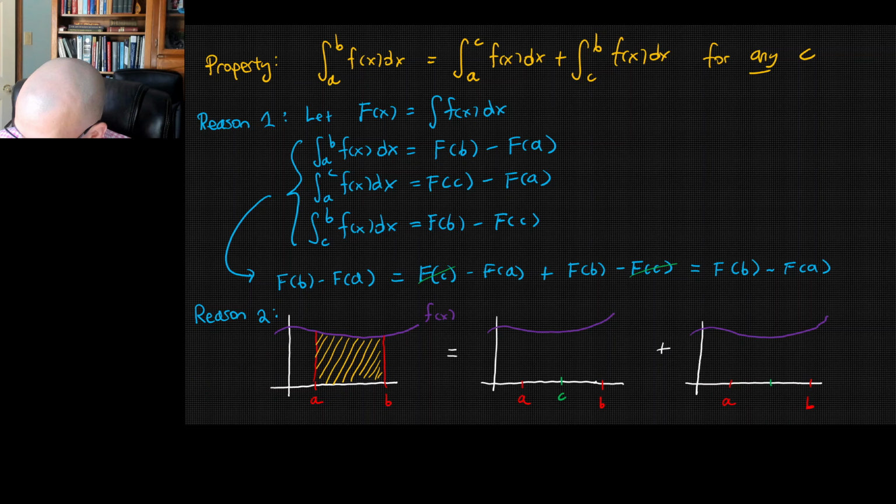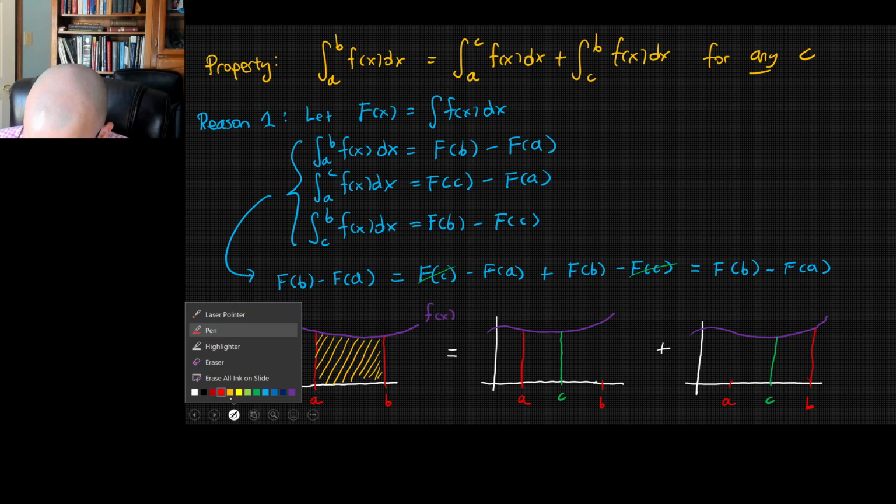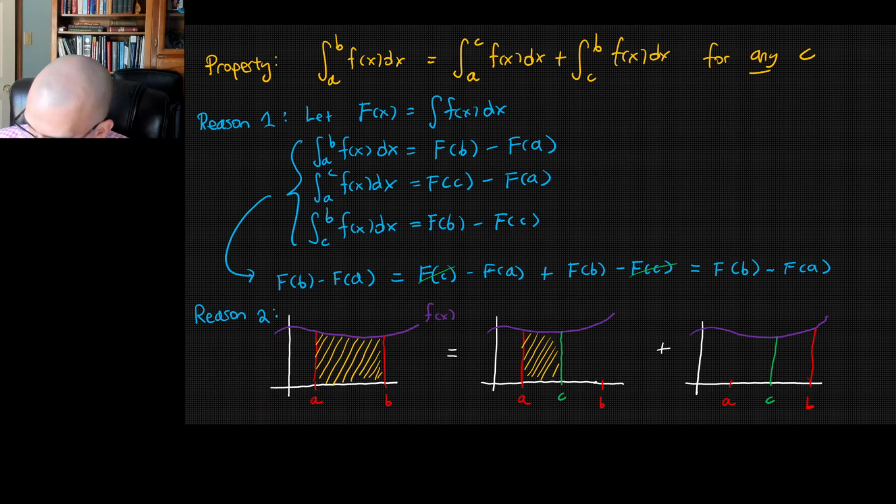So I'll choose C as a pit stop in between. And then I'm going to shade in those areas. So if we're going from A to C, then that's this region. And if we're going from C to B, that's this region.